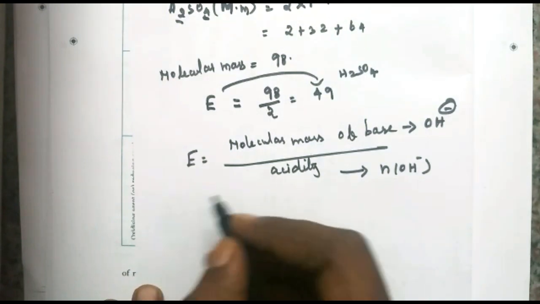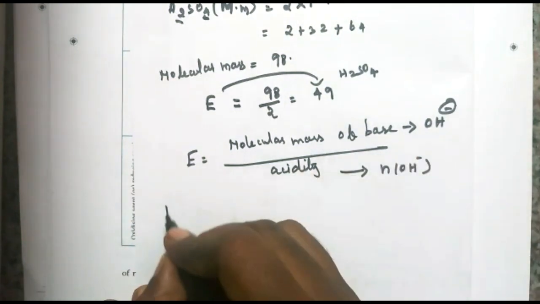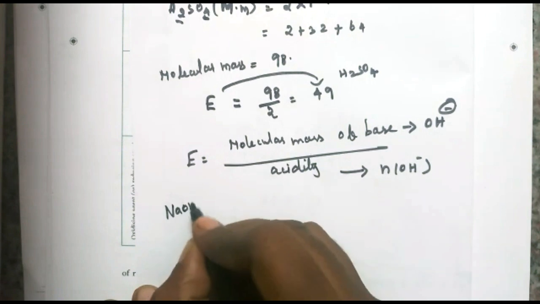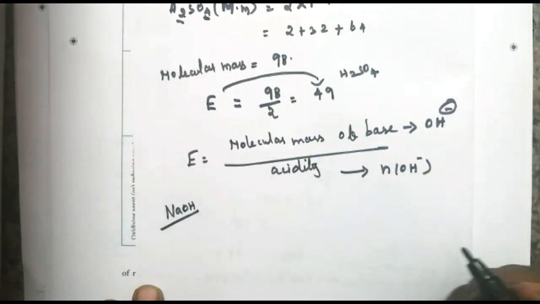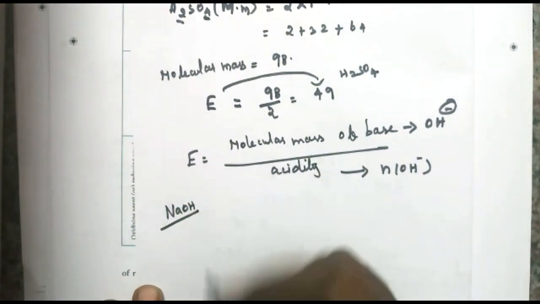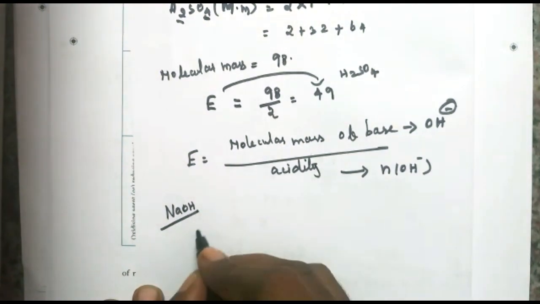Now we take an example to calculate the equivalent mass of a base. Consider sodium hydroxide. First we calculate the molecular mass.